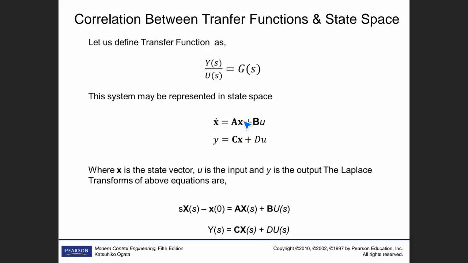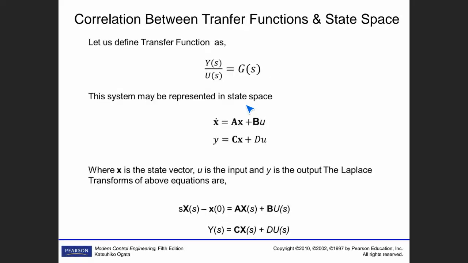Now this is our transfer function G(s). However, the state variables are x dot is equal to Ax plus Bu, and y is Cx plus Du.